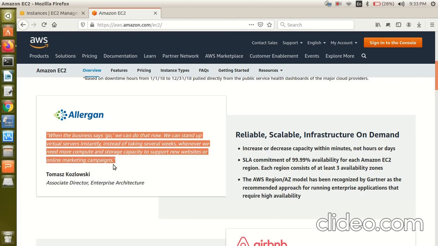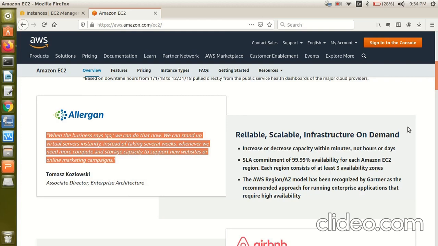All they are trying to say here is that whenever they feel the need to expand their infrastructure, they don't need weeks or months to accomplish that task. All that can be accomplished within a very short time, and all the credit they give is to the AWS services.